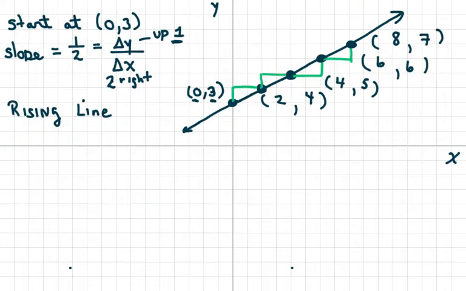In this next example, the slope was positive 1/2, up and to the right, up and to the right, up and to the right. I got a rising line. And here's the equation that I started with to get this particular graph. And that was, let me see here.